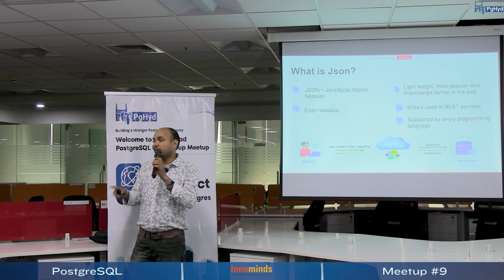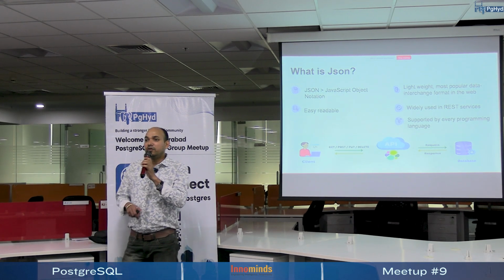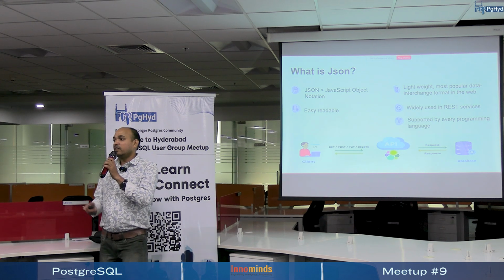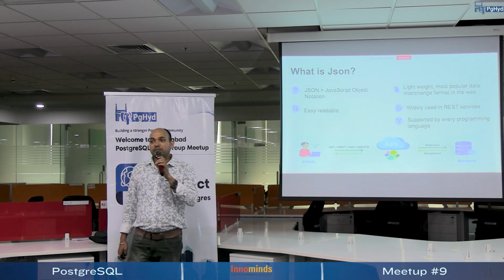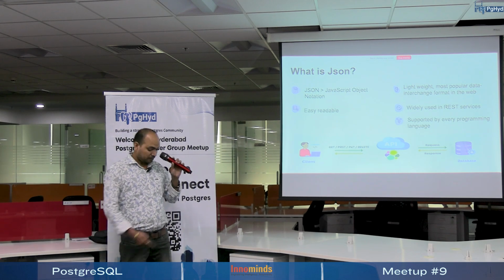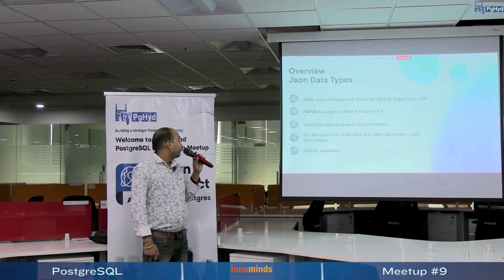If the database is capable enough to store the data without any kind of transformation, then it is well and good, right? You do not need another layer just to transform the data in between.